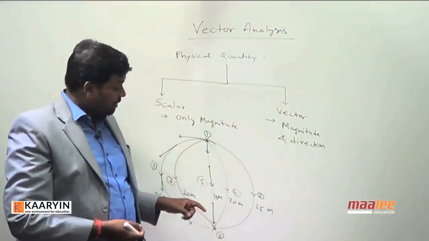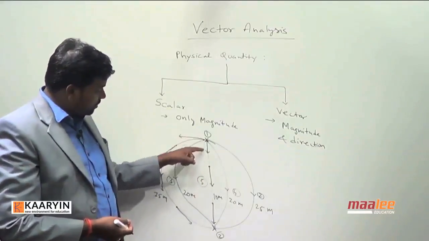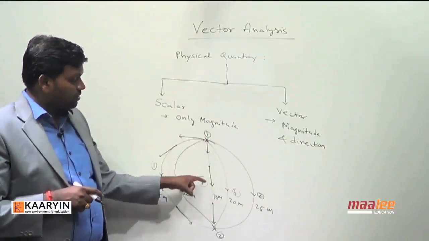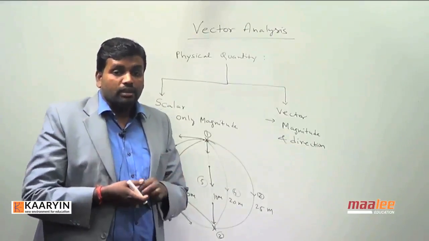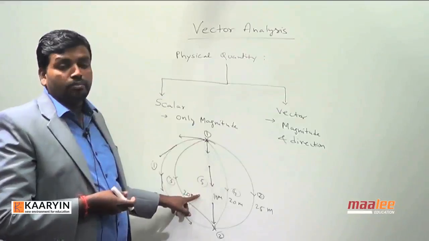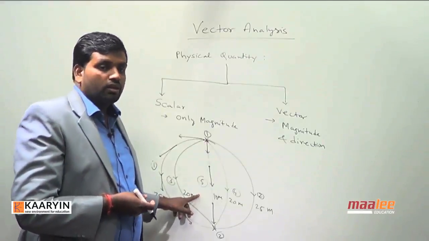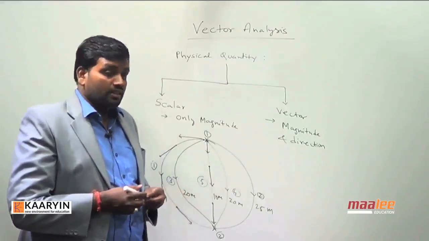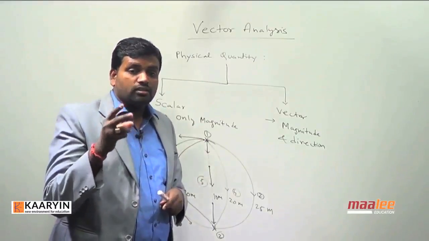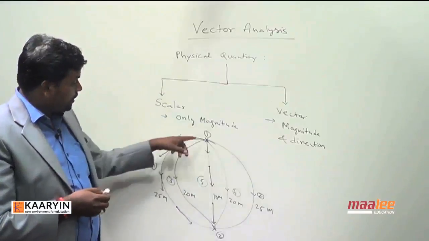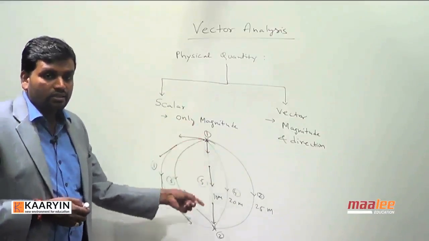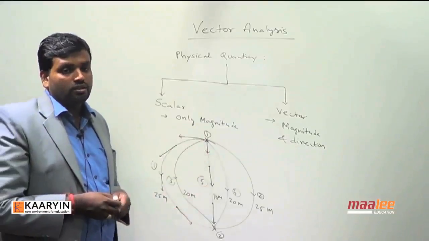So, for this fifth path, the middle one, your magnitude, that is 10, and your direction, both are defined. So, we say this route 5 represents a vector quantity, and we all know this vector quantity is known as displacement, the shortest distance between the 2 points. See, between point 1 and 2, what is the shortest distance? This one only, correct? So, this is the vector quantity.